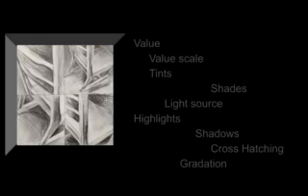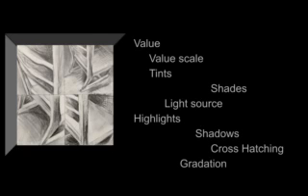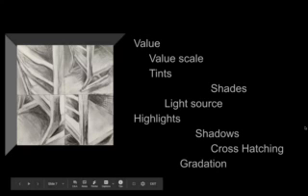Here we have my chair. Let's take a moment to reflect on the terms on the screen and see if they were executed successfully in my 4-quadrant chair artwork. We have value, value scale, tints, shades, light source, highlights, shadows, cross-hatching, and gradation.